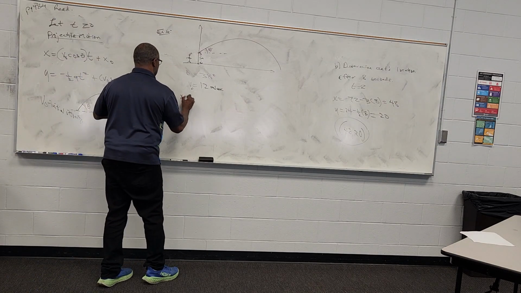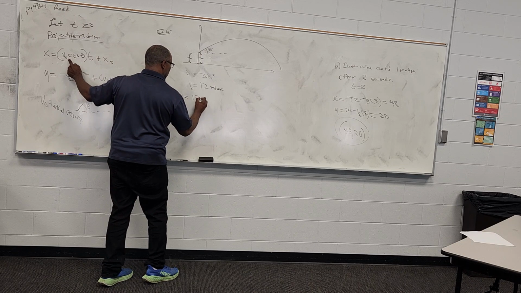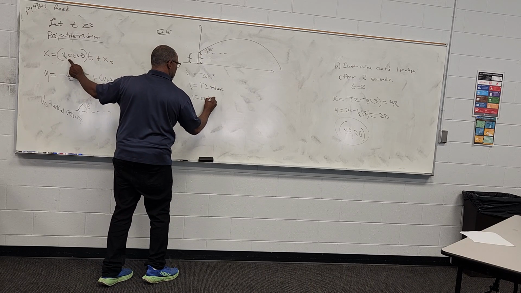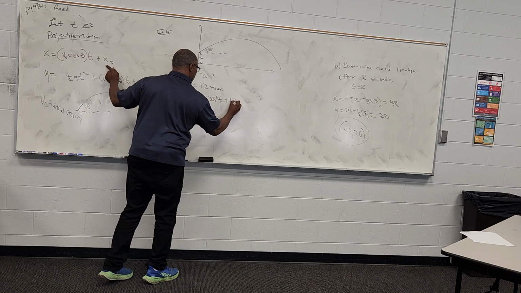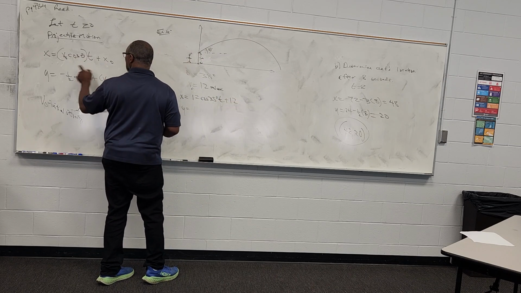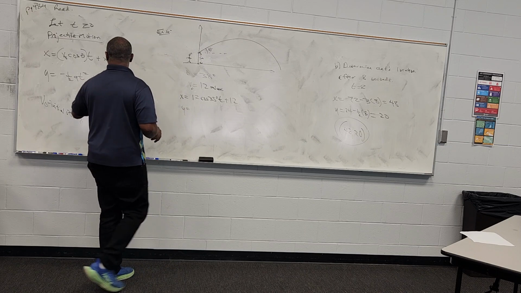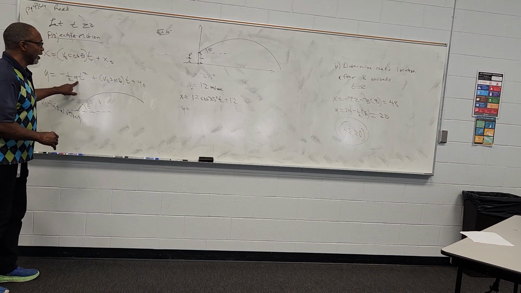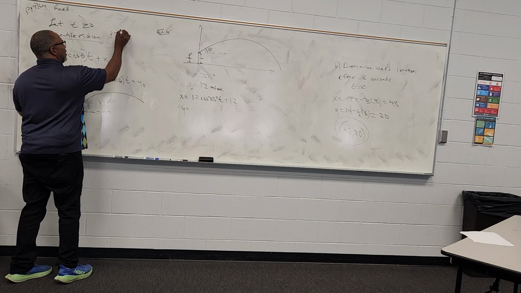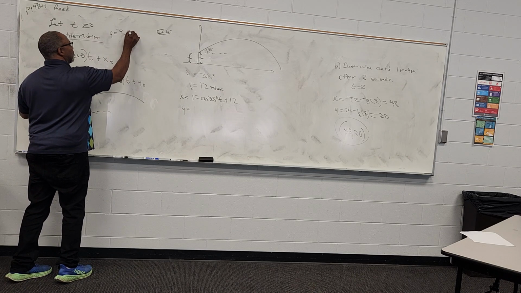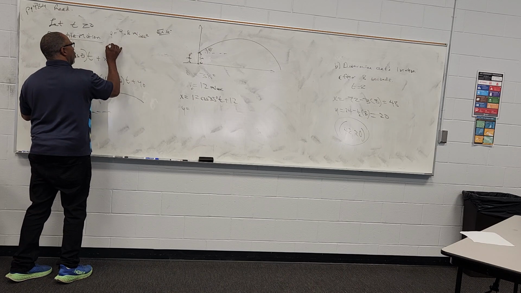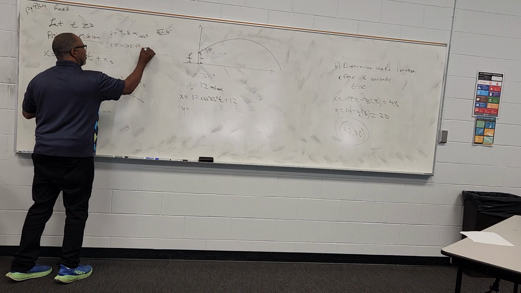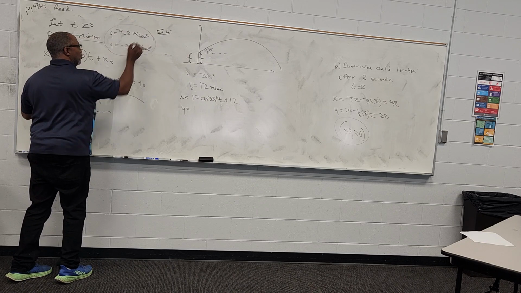So x is v0, 12, cosine 38 degrees, t, plus x0. For y, negative 1/2 g t squared, and this g is the acceleration due to gravity. g can either be negative 9.8 meters per second squared, or negative 32 feet per second squared. Those are the two values for g.